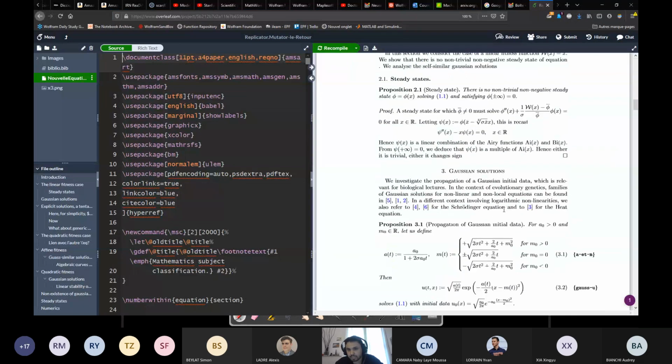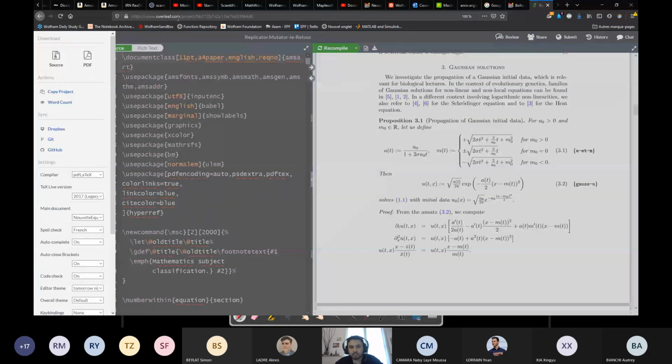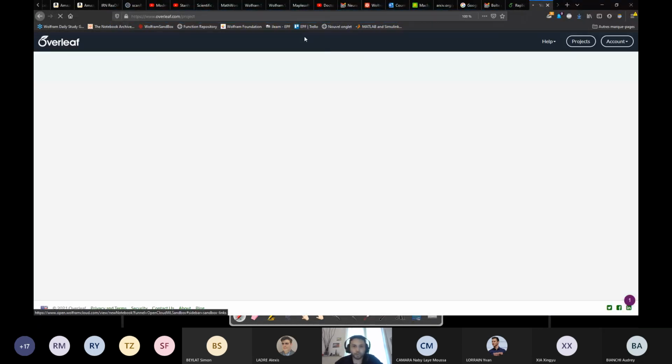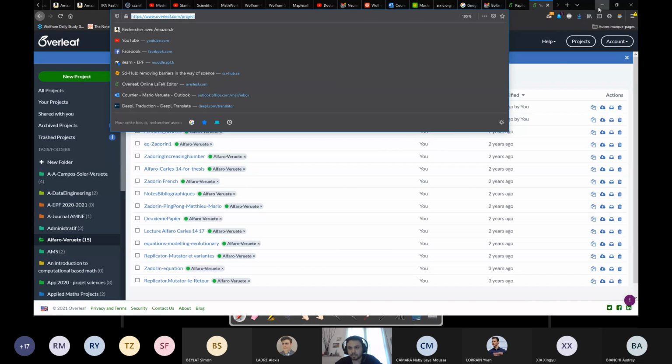So please, if you don't know how to use LaTeX, the first thing you have to do is go to the site overleaf.com, create a free account, and you can follow the tutorials there to learn how to use LaTeX.